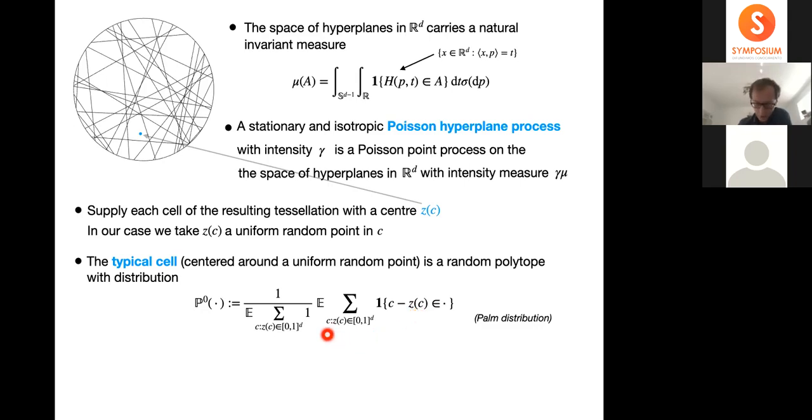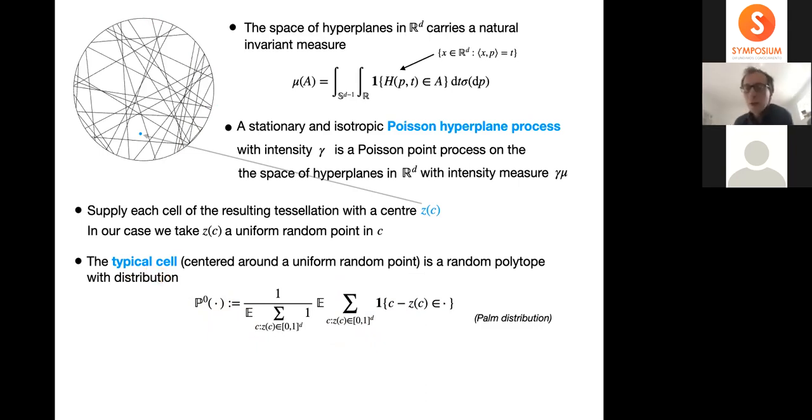You do this with all the centers that you see in your volume 1 set. This gives you a measure on the space of polytopes, and you can normalize it to be a probability measure. Now if you sample a random polytope according to this measure, this polytope will be called the typical cell.